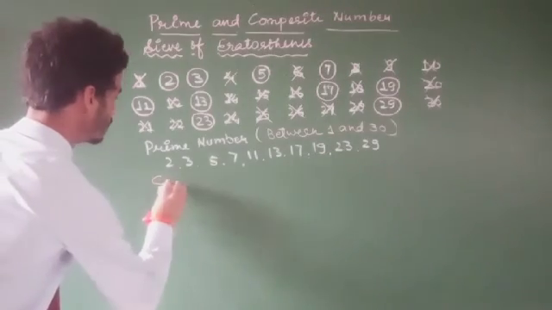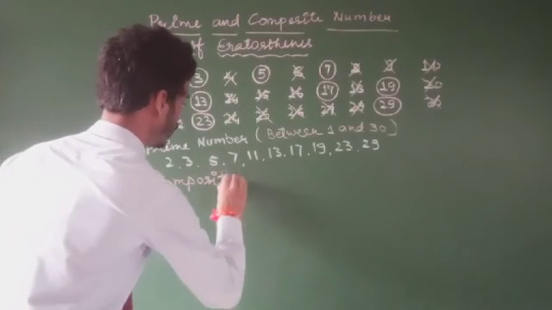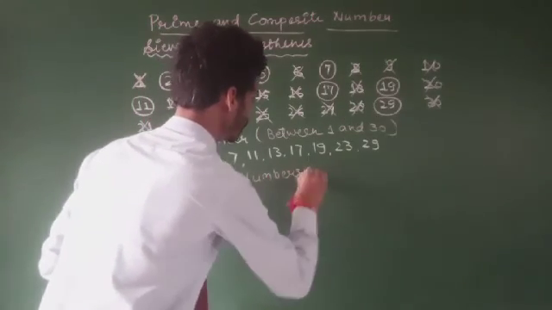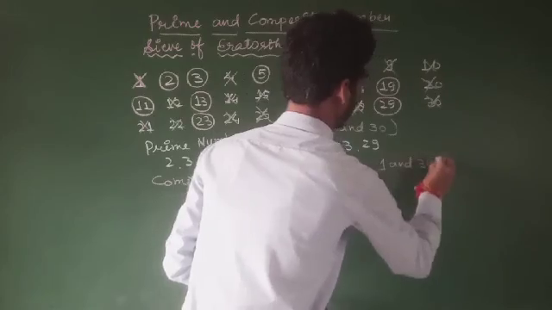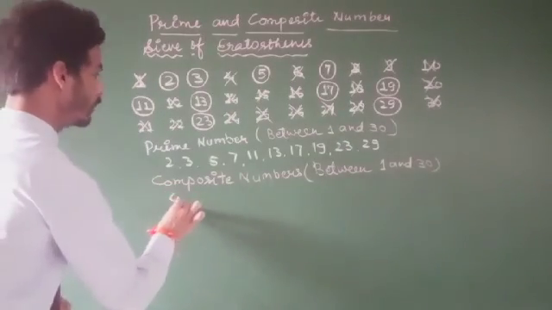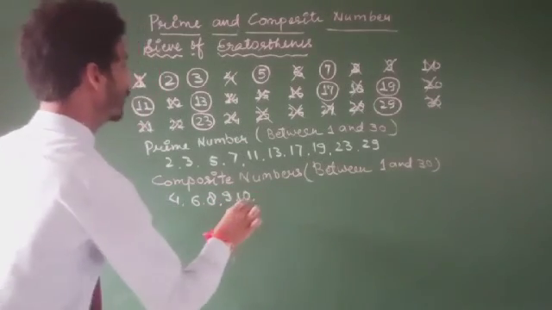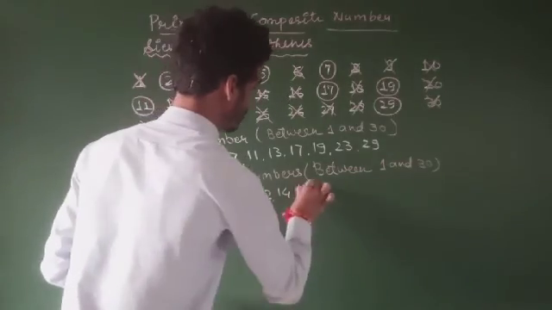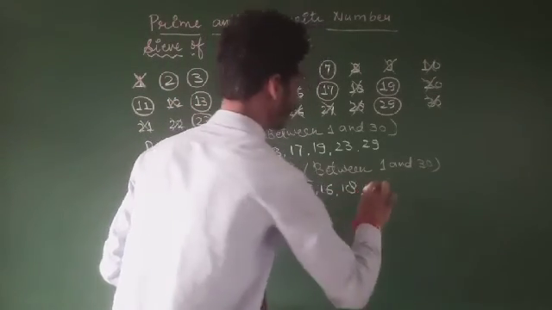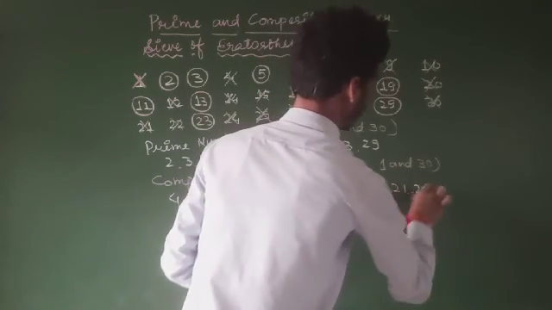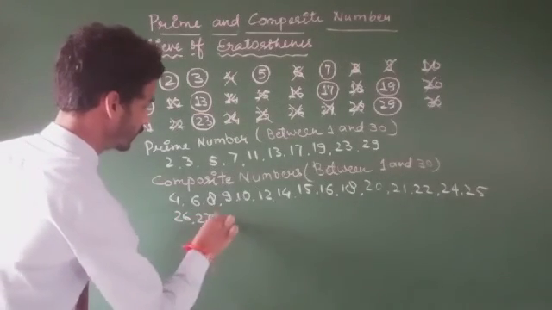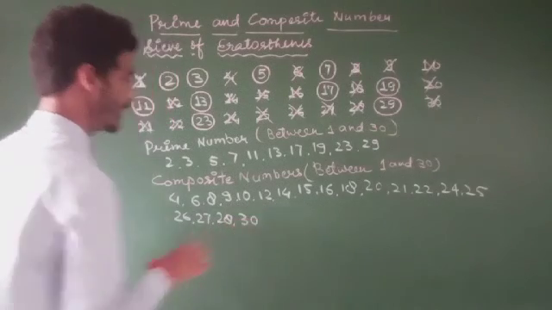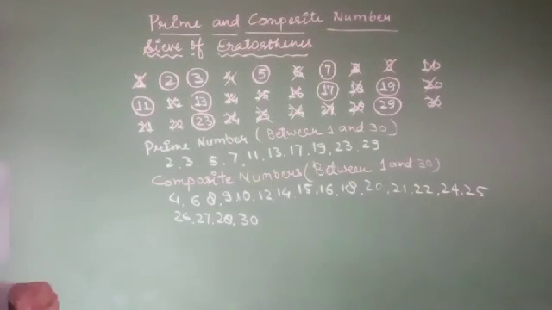So the composite numbers between 1 and 30 are 4, 6, 8, 9, 10, 12, 14, 15, 16, 18, 20, 21, 22, 24, 25, 26, 27, 28, 30. These are the crossed out numbers.